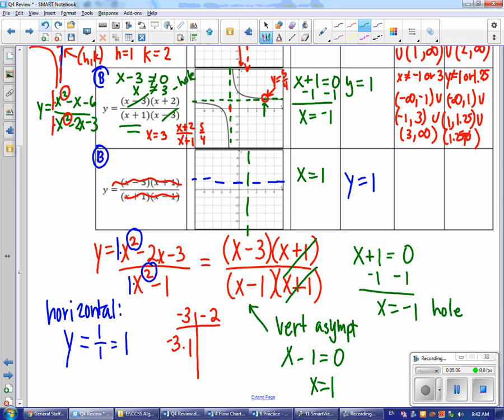So I'm going to go back to my original equation, and I'm going to create a little table of values for x and y. Okay, so I want to pick values of x. I want to pick a couple that are below the hole, a couple that are between the hole and the vertical asymptote, and then a couple on the other side.